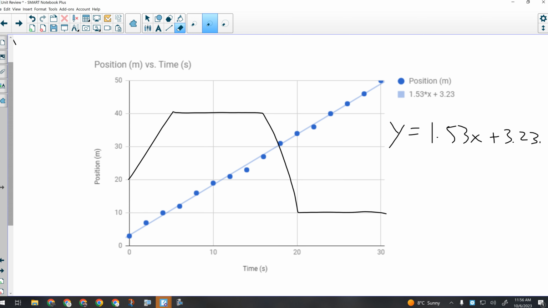A question like that would be more like, what is the overall displacement of this object? In which case you would have to do a calculation like this. Final position minus initial position. Well, that would be 10 minus 20, so that would be negative 10 meters, or if I had north on there you'd say 10 meters south, something like that.